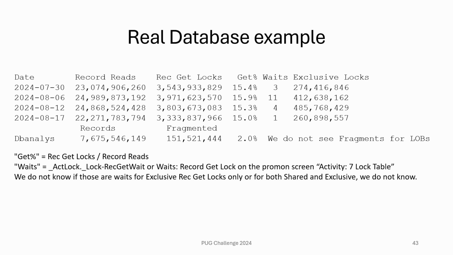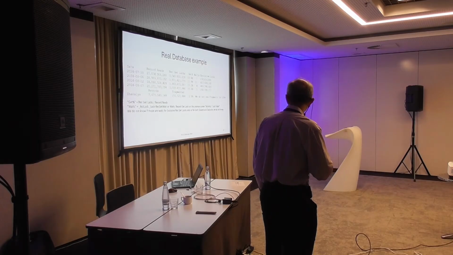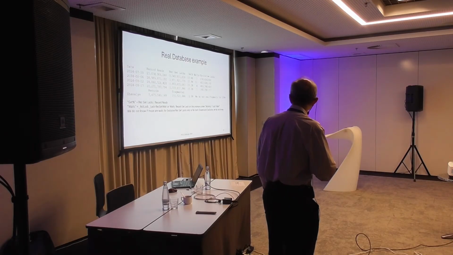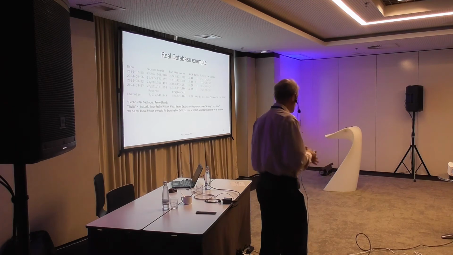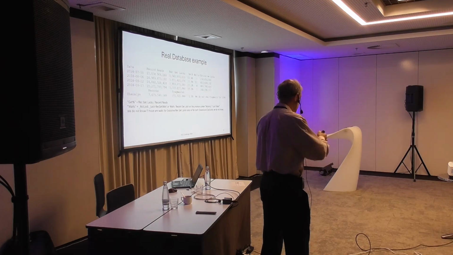And this is an example from my database. We counted for several days how many record reads and how many record get locks we got. We found that, more or less consistently, 15% of the records we read are fragmented.